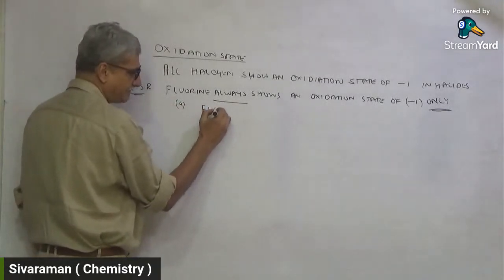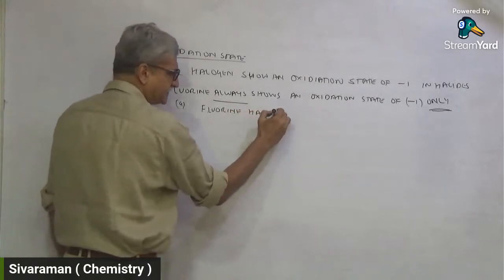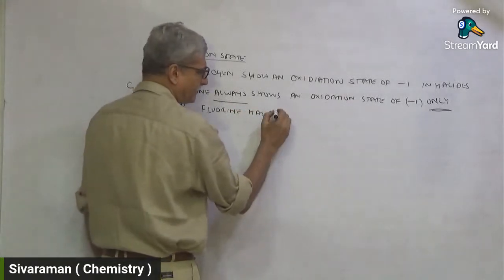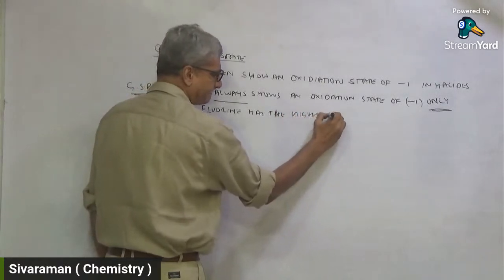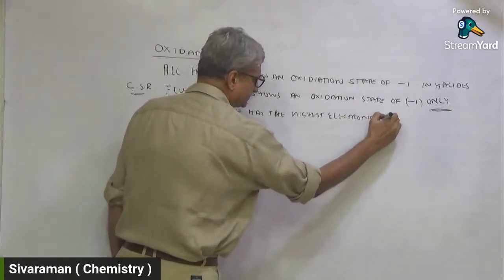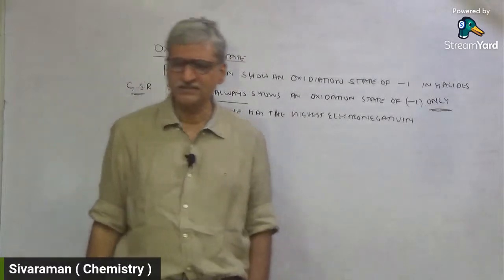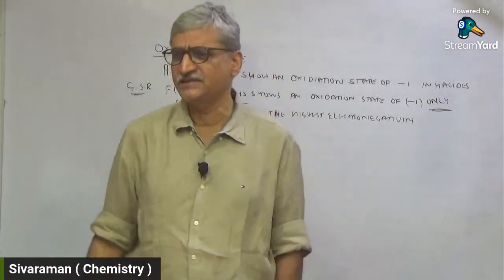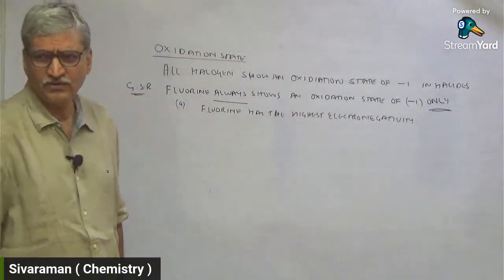A, fluorine has the highest electronegativity. So it's not going to give electron. It is always going to grab electron, because it's the most electronegative element in the complete periodic table.